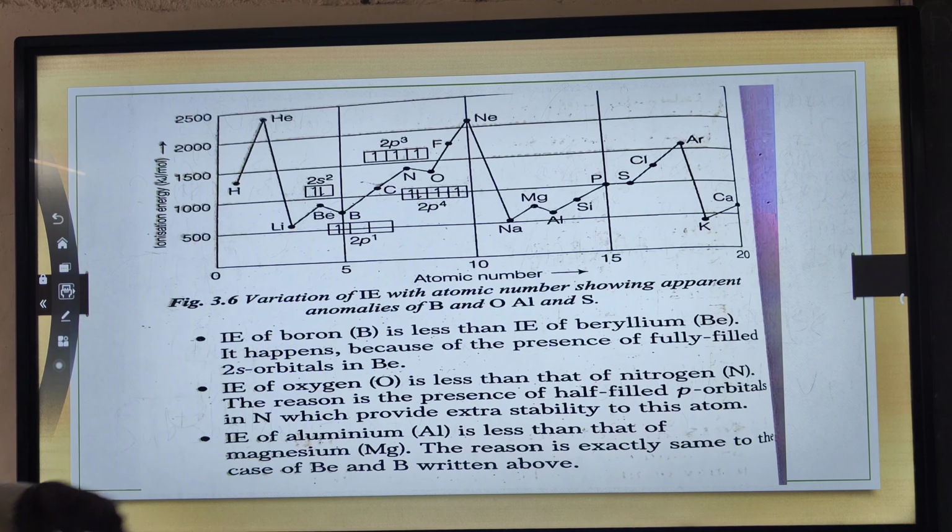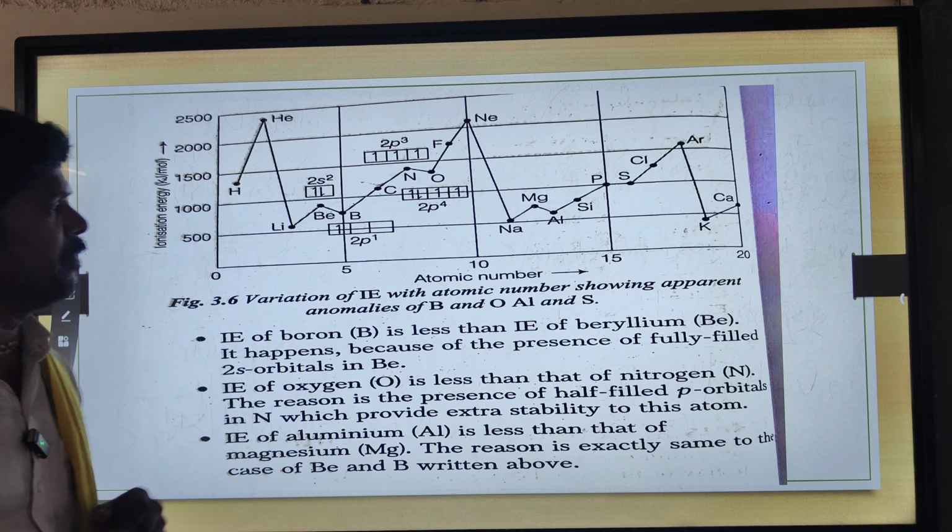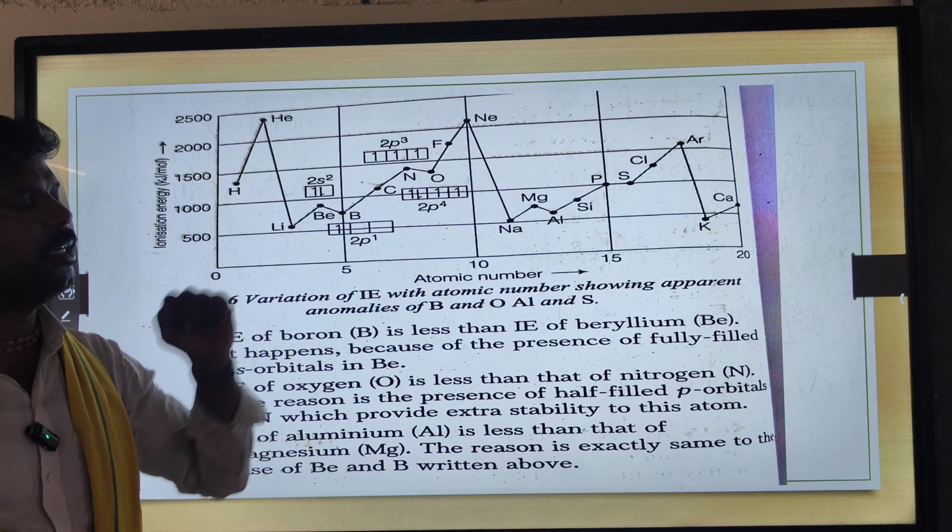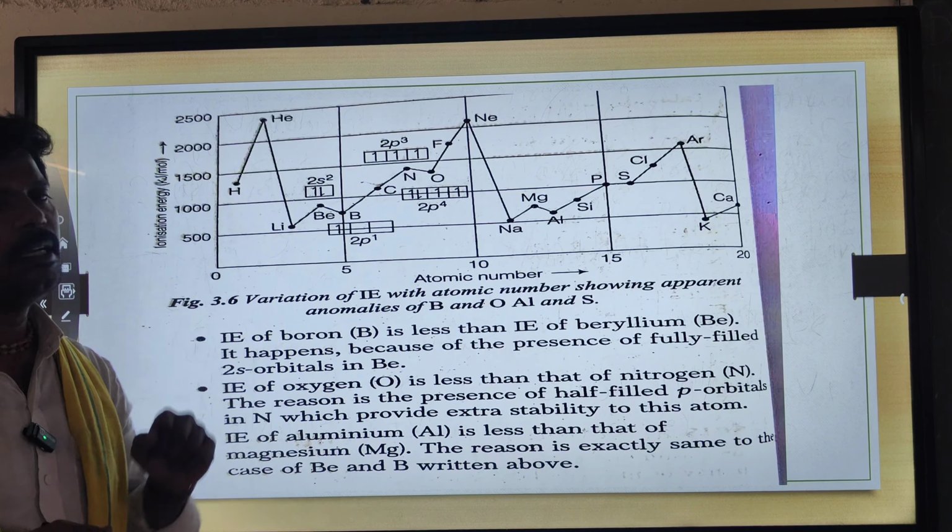Similarly, in the case of magnesium and aluminum, magnesium has higher ionization energy than aluminum, because magnesium has a full-filled orbital compared to aluminum. And in the case of nitrogen and oxygen, nitrogen has higher ionization energy than oxygen, because nitrogen has half-filled orbitals in the valence shell.